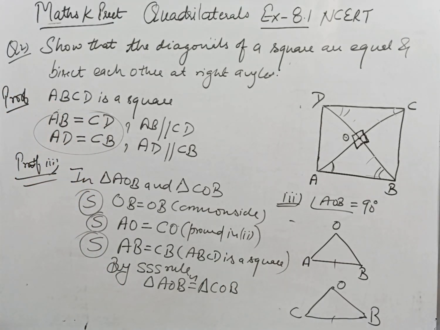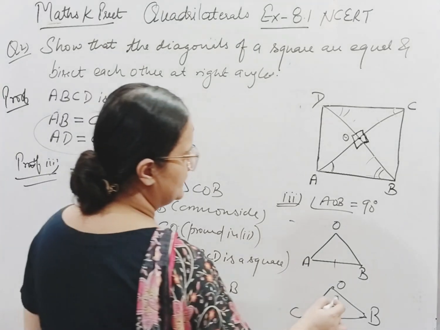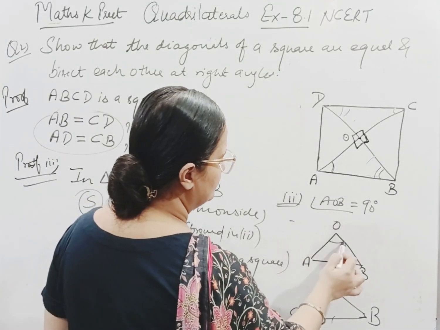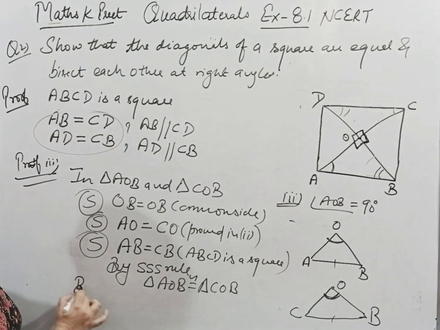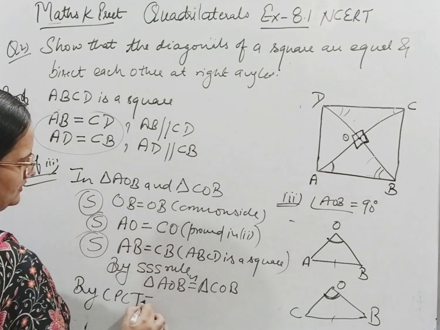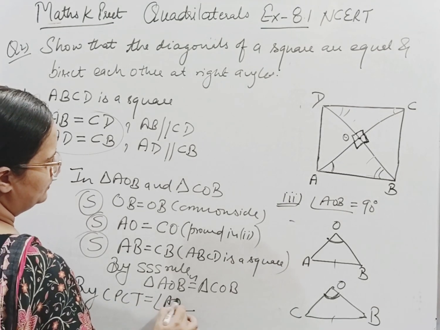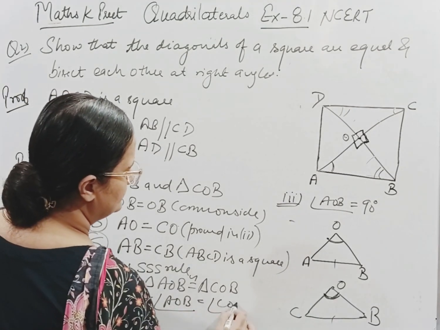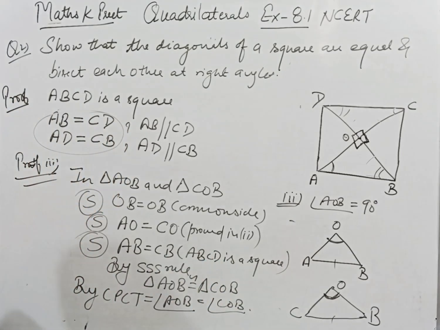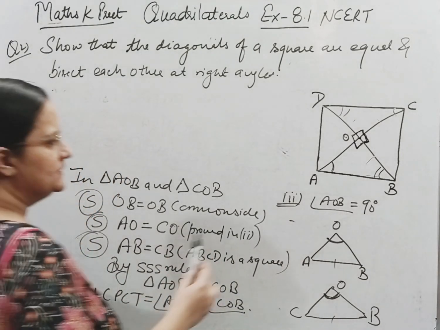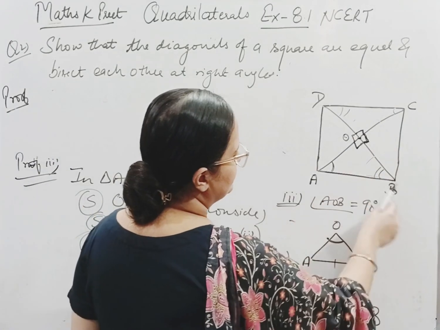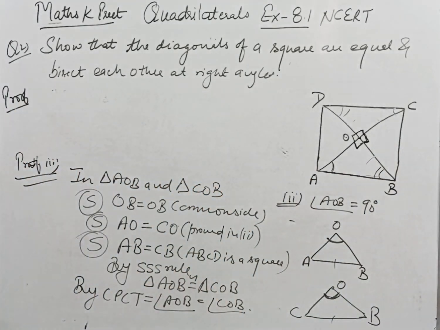Now when these two triangles are congruent, then by CPCT angle AOB will be equal to angle COB. Till here I hope every step is clear to you. Now it is clear from the figure that AC and OB are making a linear pair of angles.